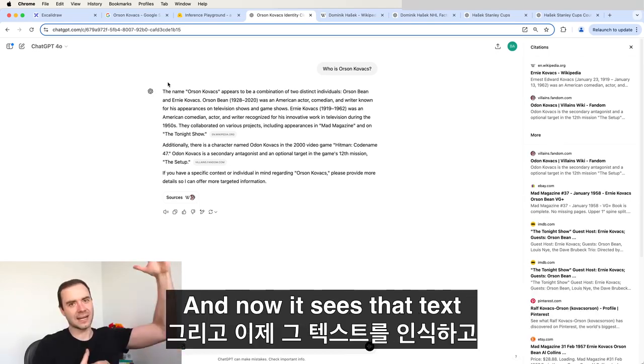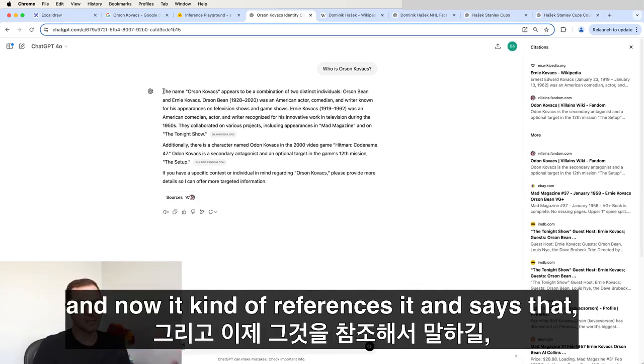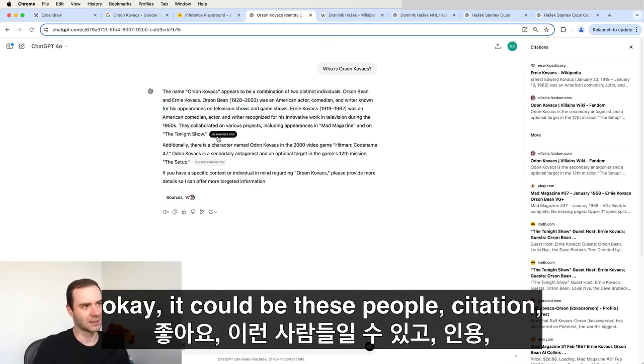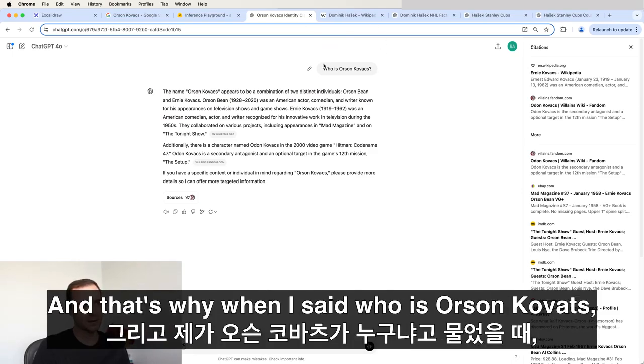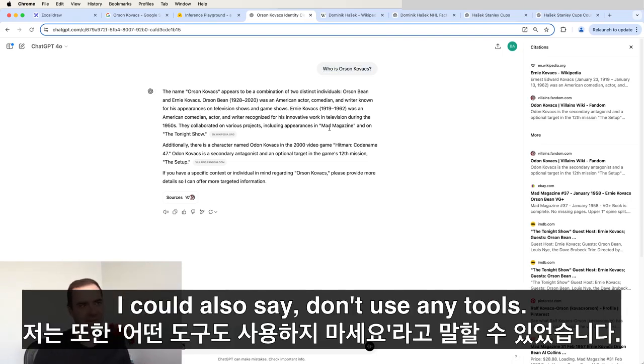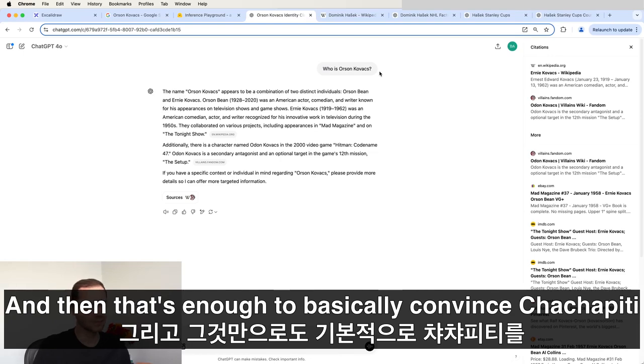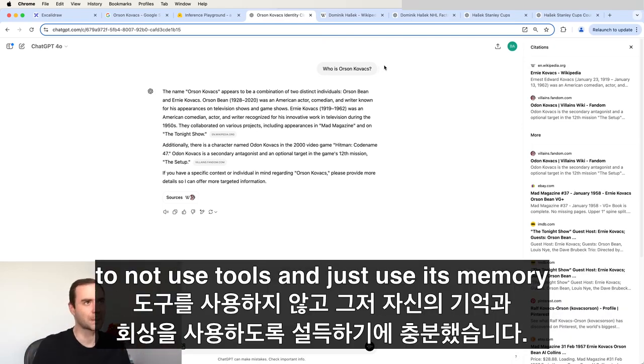And now it sees that text, and it references it and says, okay, it could be these people, citation, it could be those people, citation, etc. So that's what happened here. And that's why when I said, who is Orson Kovacs, I could also say, don't use any tools. That's enough to convince ChatGPT to not use tools and just use its memory and its recollection.